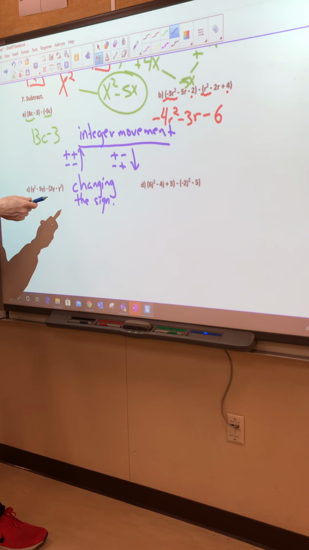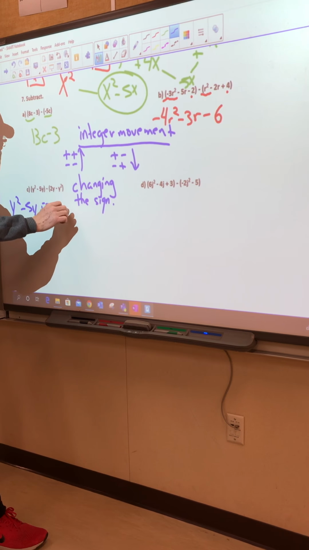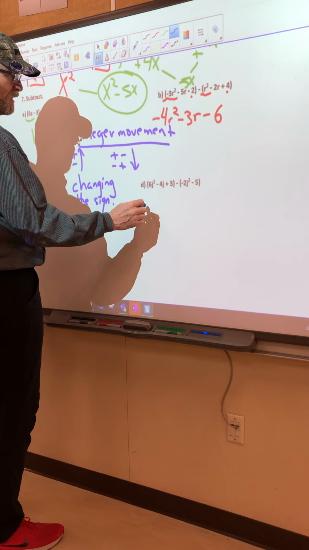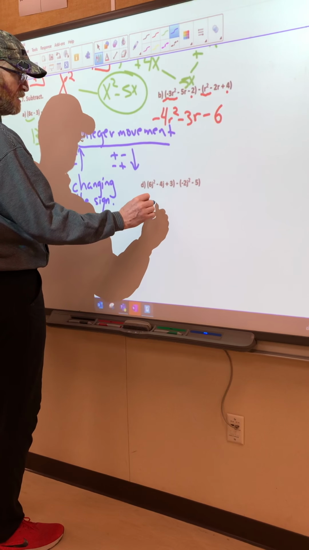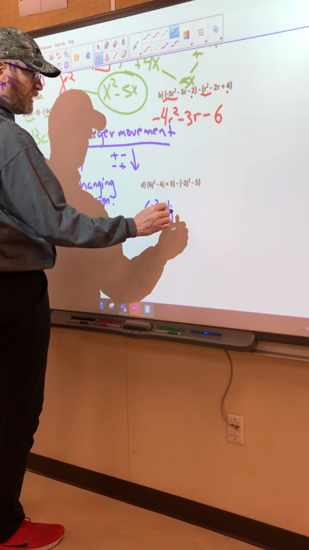So this becomes y squared minus 5y, add negative 2y plus y squared. This becomes 6j squared minus 4j plus 3.